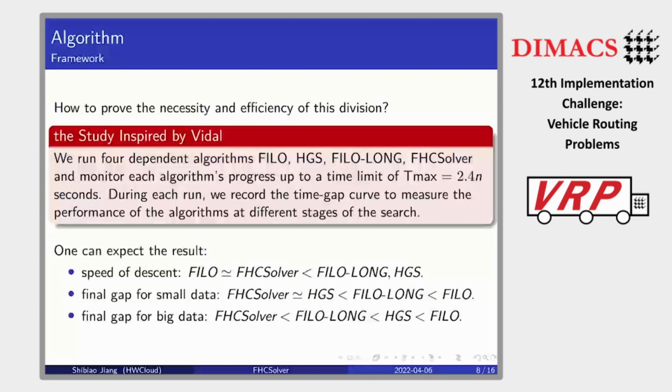It should be similar to HGS. And for the big data, HGS, being population-based, is not suitable, and we think the FHCSolver needs to be smaller than or similar to Filo long.